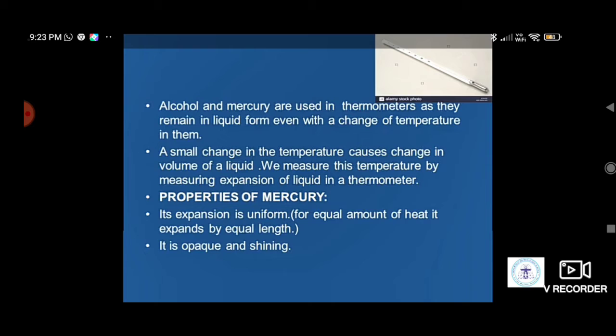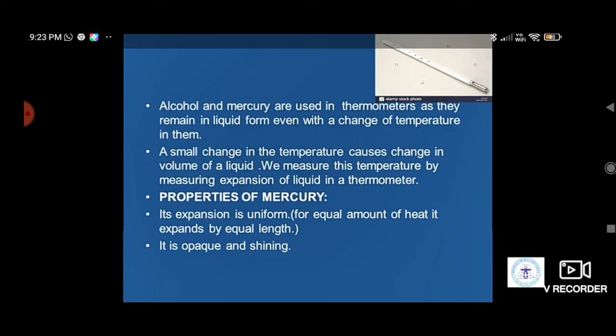Alcohol and mercury are used in thermometers as they remain in liquid form even with a change of temperature. A small change in temperature causes a change in the volume of a liquid. We measure temperature by measuring the expansion of the liquid in the thermometer.